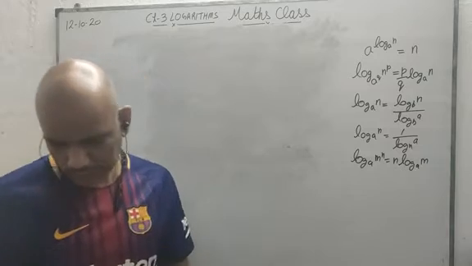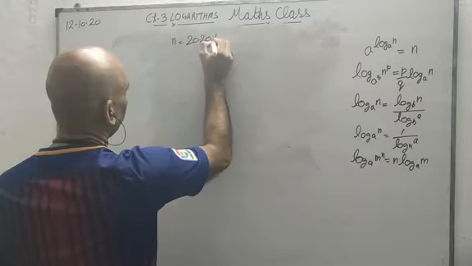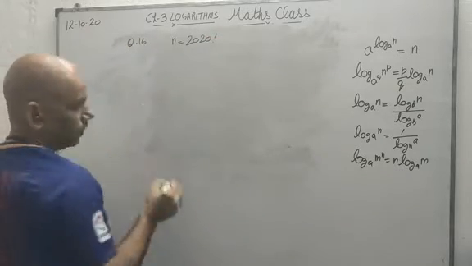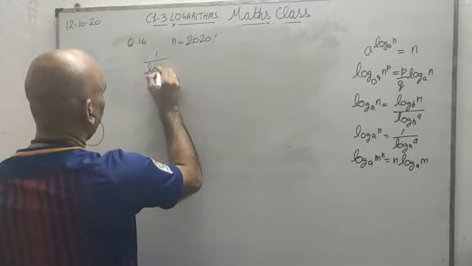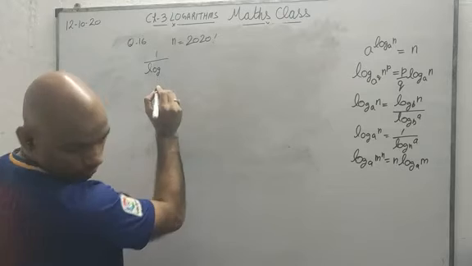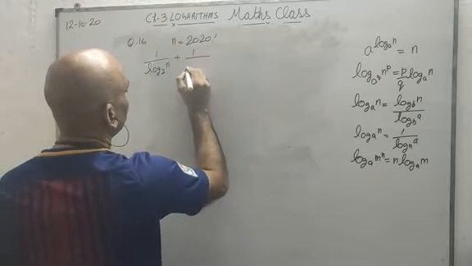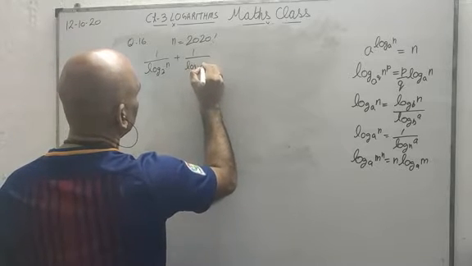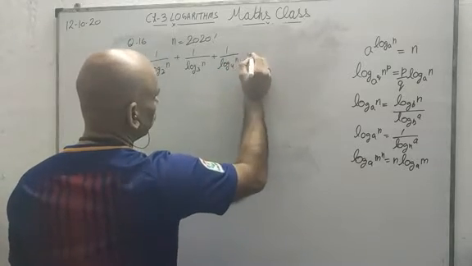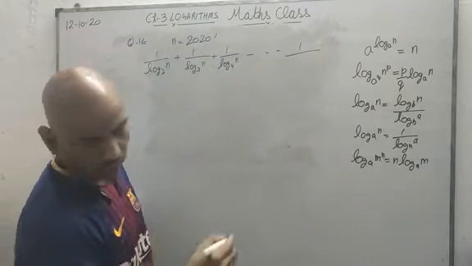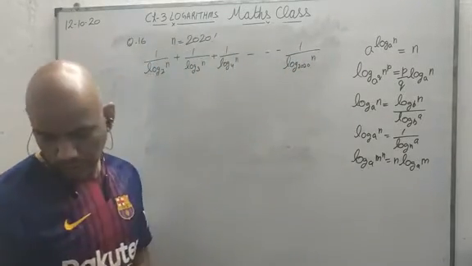So question number 16 is: given that n equals 2020 factorial, find the value of 1 upon log 2 base n, plus 1 upon log n base 3, plus 1 upon log n base 4, up to 1 upon log 2020 base n.